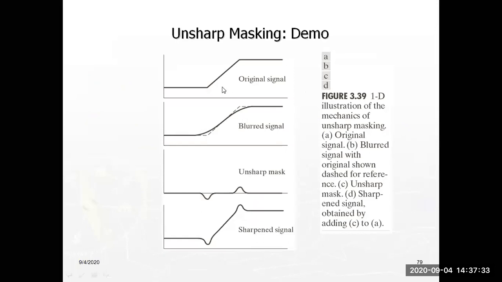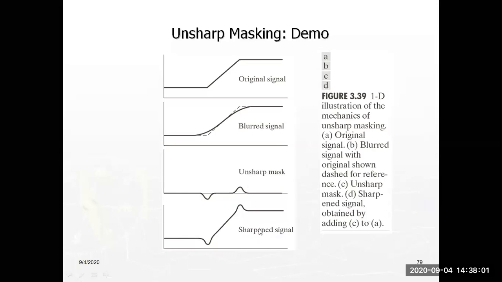Actually, this is my original signal. After blurring, there is a threshold, a clear sharpening. Actually this is sharp already. But if you blur the image, the line will be blurred. And the unsharp mask, that means if you subtract these two, may look like this, and then the sharpened signal.